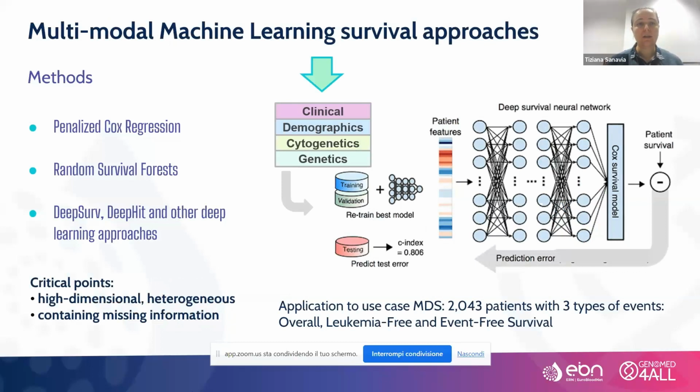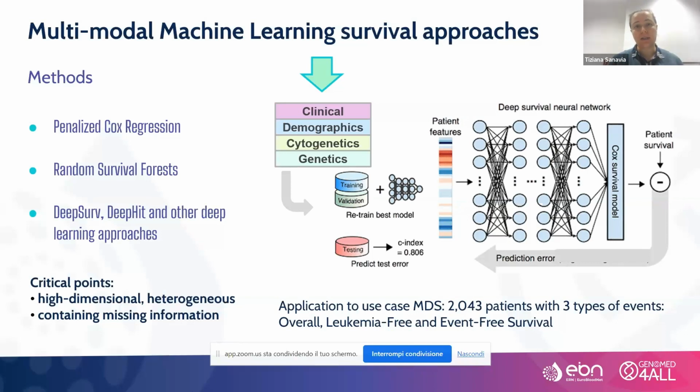In addition, we are moving from a single machine learning application using only clinical data towards a multimodal approach where we try to combine multiple different information from the patients. In this case, for MDS, we try to integrate clinical, demographic, cytogenetics, and genetics data.